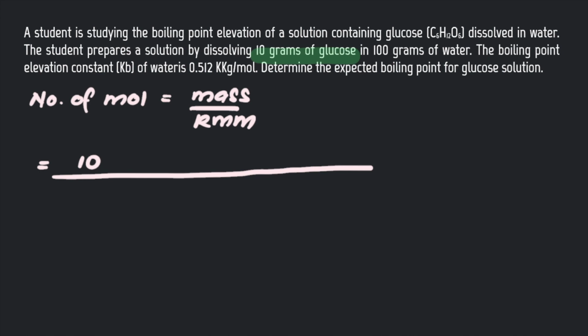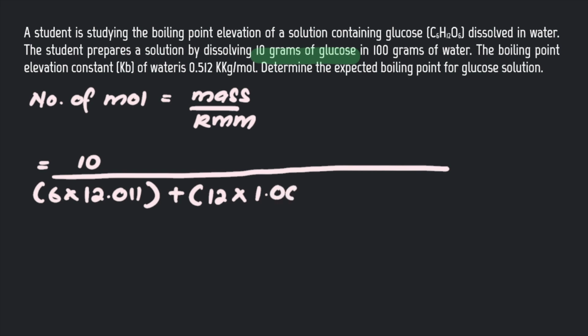So now we are just going to calculate what is the RMM. So you have 6 carbon, so 6 times 12.0011, right? Plus you have 12 hydrogen, so 12 times 1.00784, plus you have 6 oxygen, it's going to be 15.999.